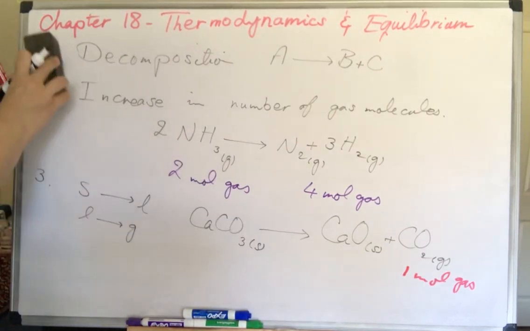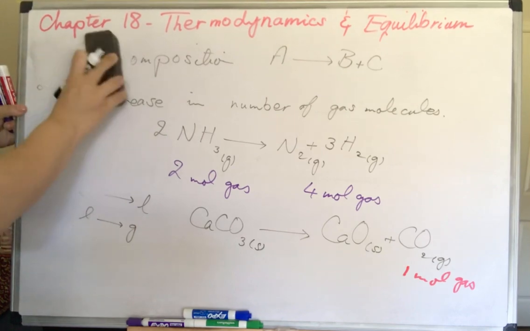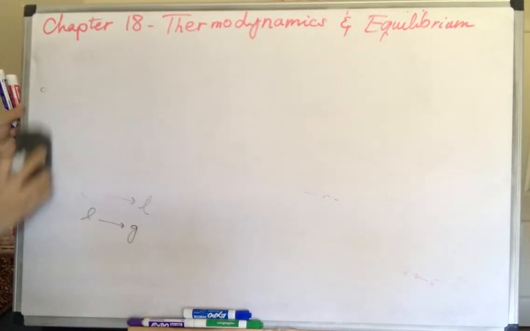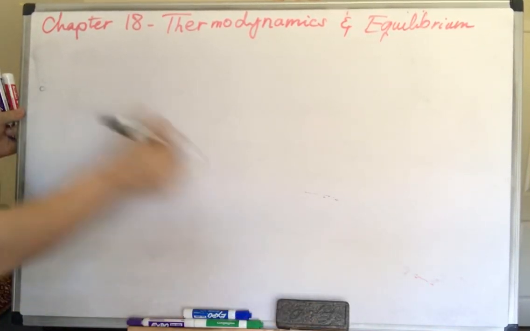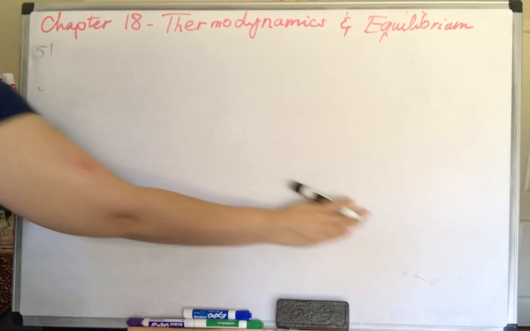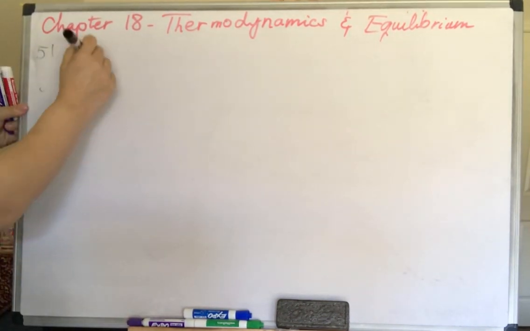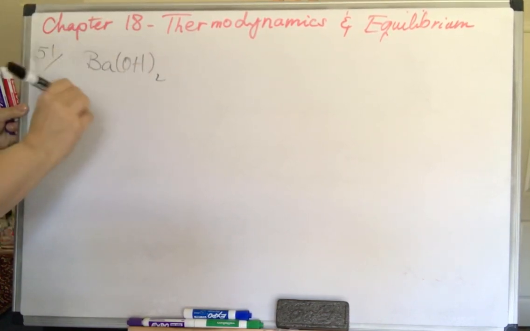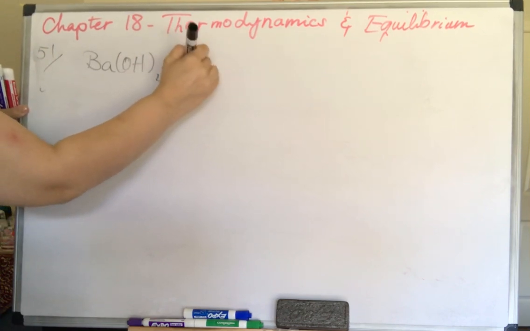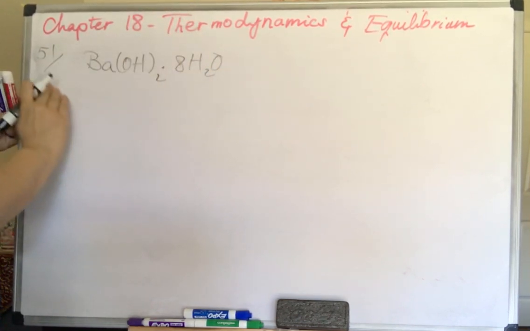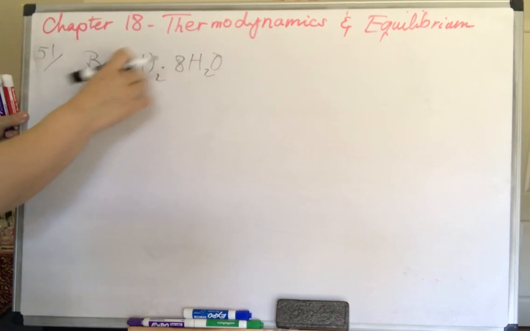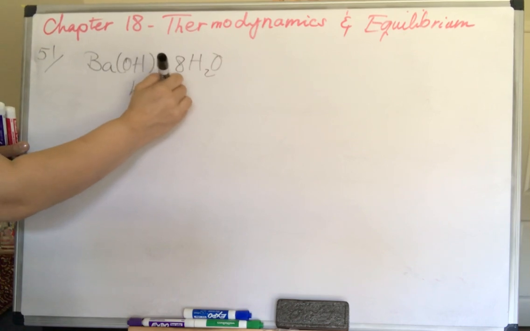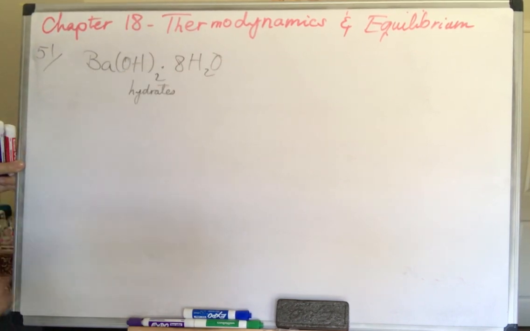Another example on slide number 51. When you are working on barium hydroxide octahydrate, do you remember what you would name these types of compounds? Ionic compounds which are loosely attached to some water molecules. You remember we called them hydrates, right? It's not the discussion here, but just a quick reminder.